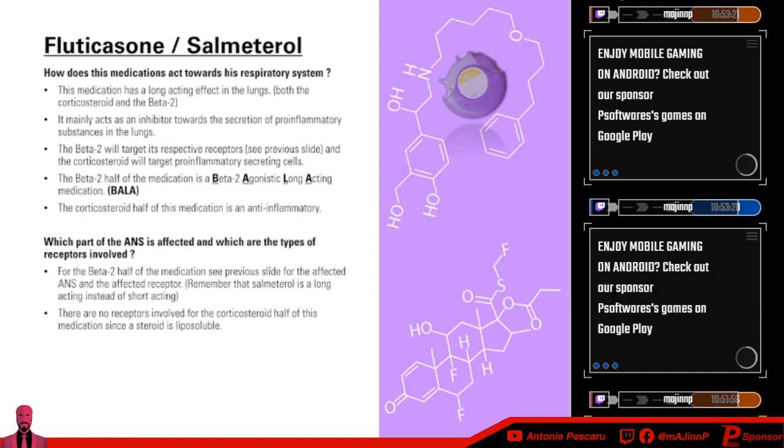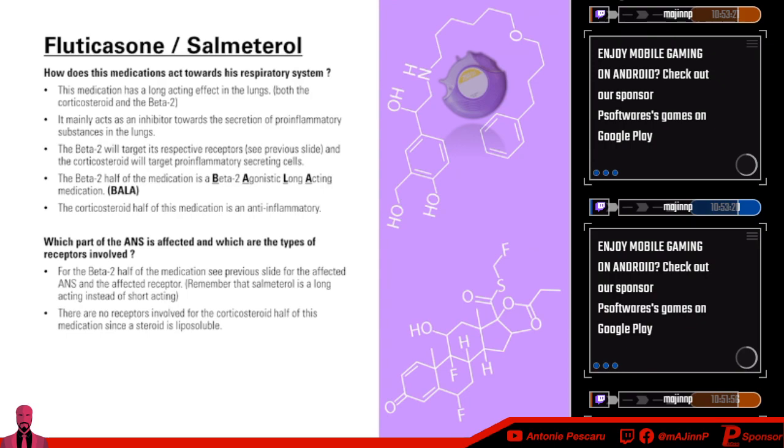And as such, if we start back from question 1, how does this medication act towards our patient's respiratory system? Well, actually, both medications have a long-lasting effect in the lungs, both the corticosteroid and the beta 2. So, it mainly acts as an inhibitor towards the secretion of pro-inflammatory substances in the lung.